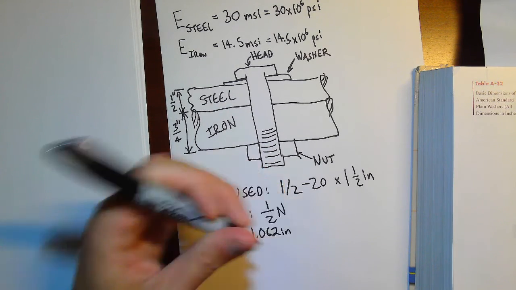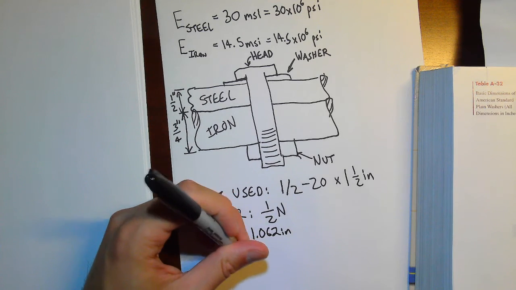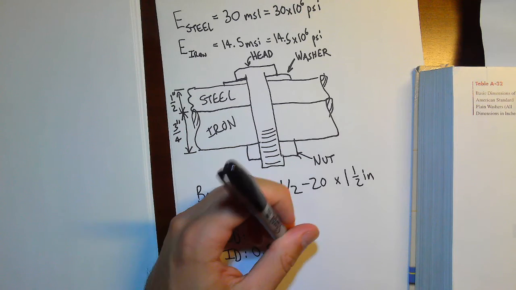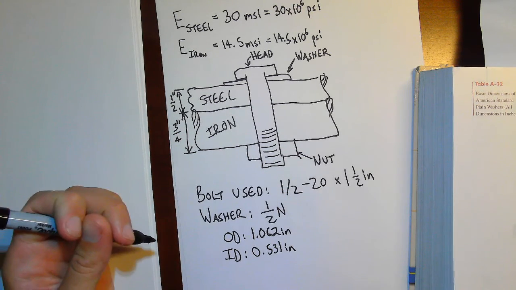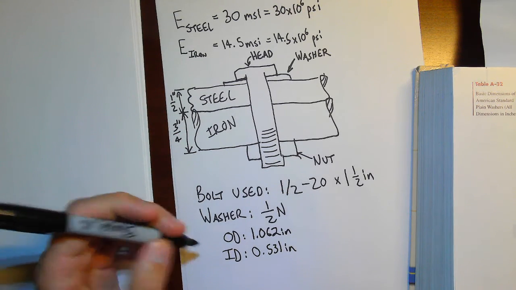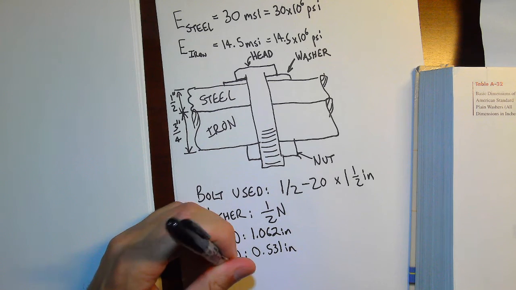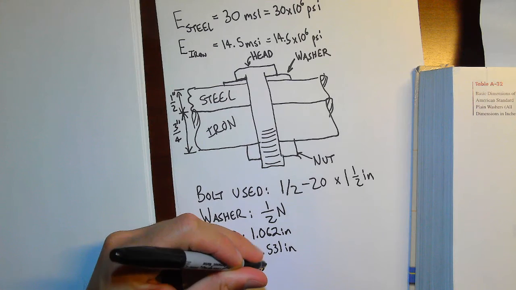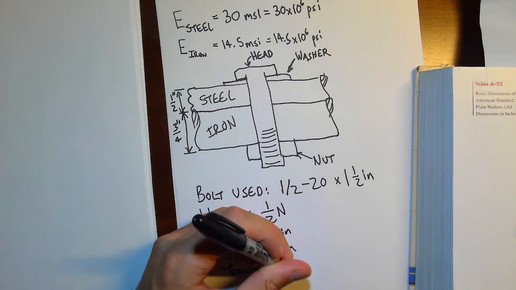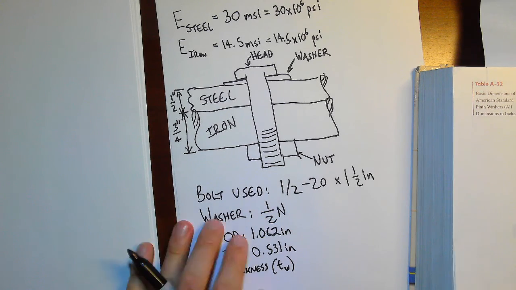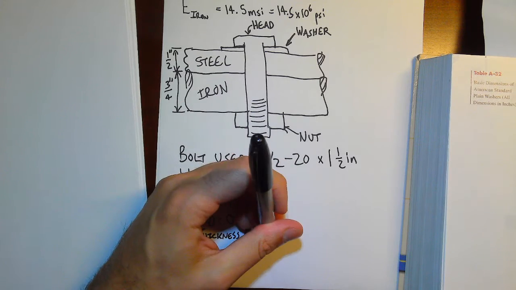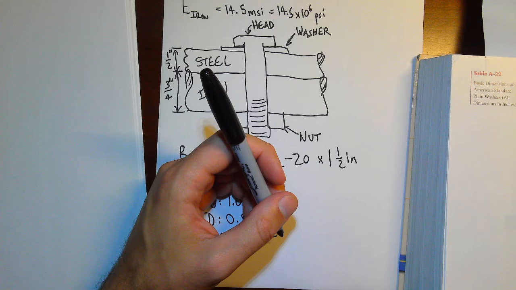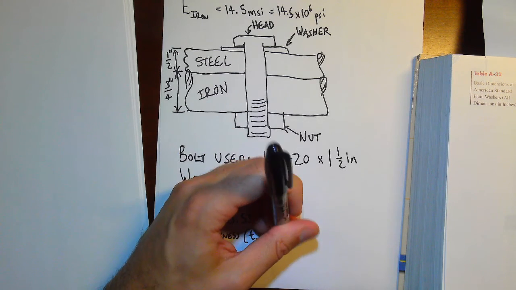I'm going to write down everything so I have it. 0.531 inch ID, and the thickness, I'll call it lowercase e sub w, that is 0.095 inches.